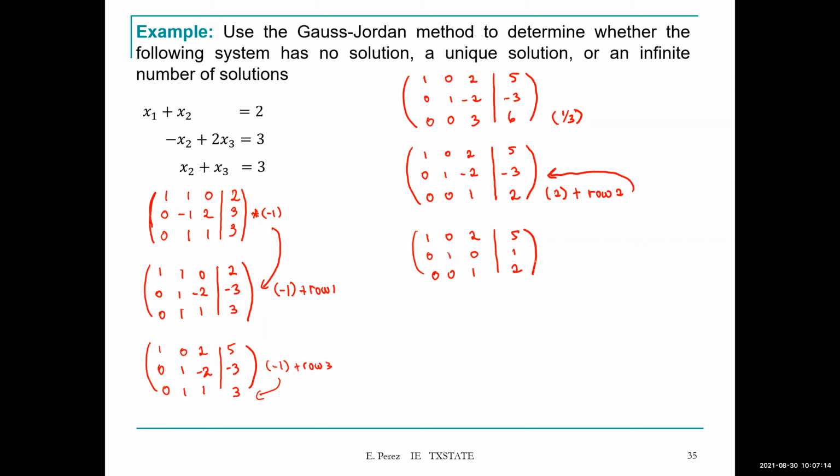We get one more step. So we multiply by -2, this one, and then add that to row 1. So at the end, we get what we were looking for, the identity matrix. 1, 0, 1, 0, 0, 1, 2.